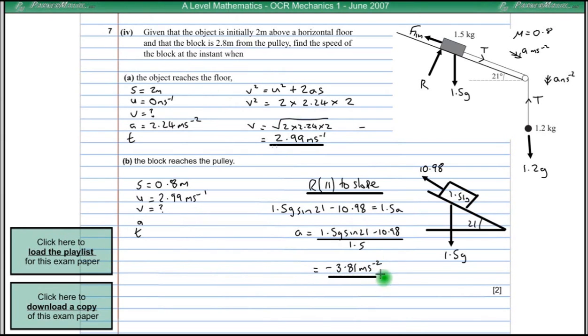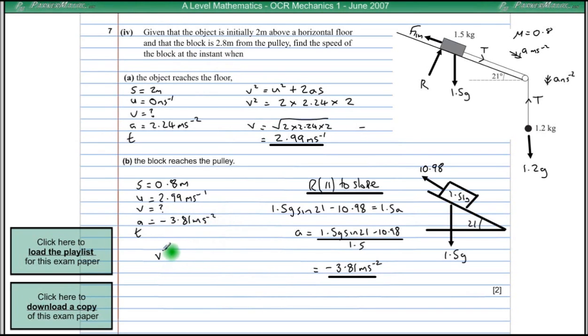Now you may be thinking, why is that negative? And it's because although the block is moving down the slope, the limiting friction is actually slowing it down. Okay, so we should find when we do this calculation that the new velocity after this part is less than the velocity here. So let's put that value in for our acceleration into our SUVAT part here, minus 3.81 meters per second squared.